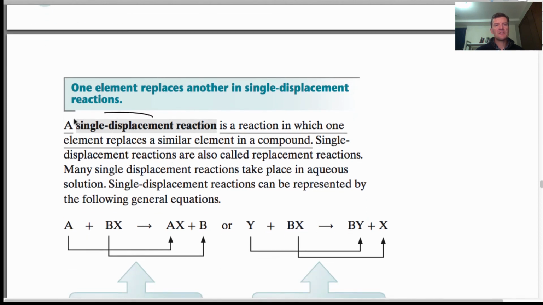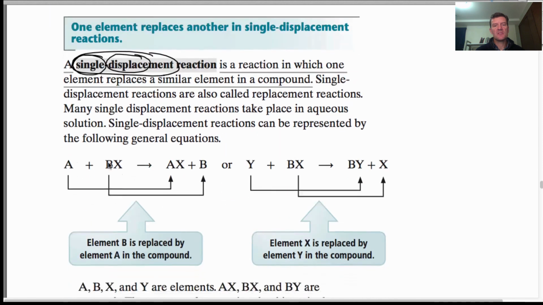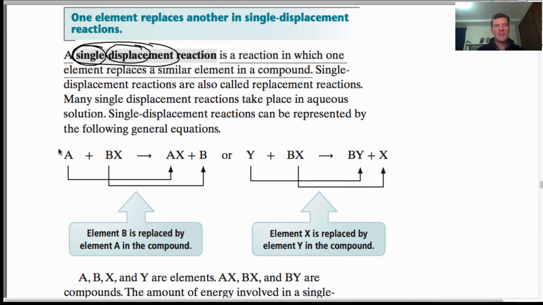All right, single displacement. Single displacement is exactly the way it sounds. There's a displacement, or replacement, sometimes you say, and it's just one thing replacing something else. So this is a general form. You're going to usually have a single element, A, and then a compound, B, combined with X. And when you compare the reactants to the products, you'll notice that A and B basically switch places.